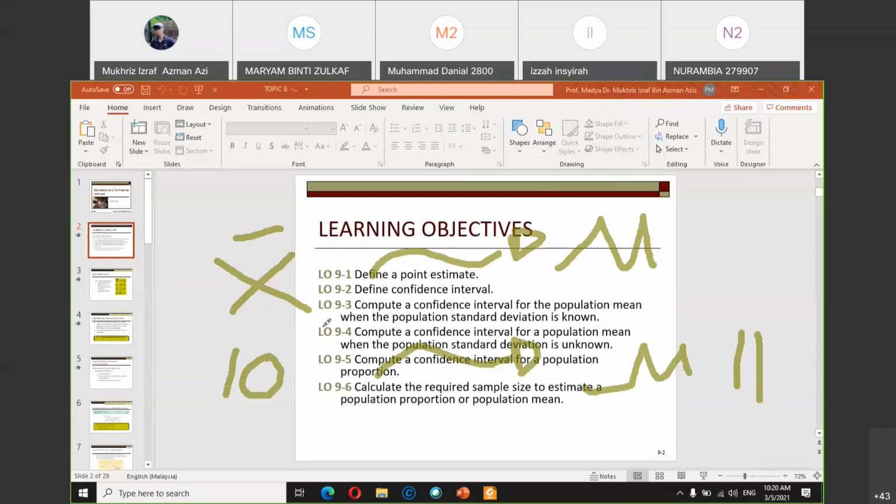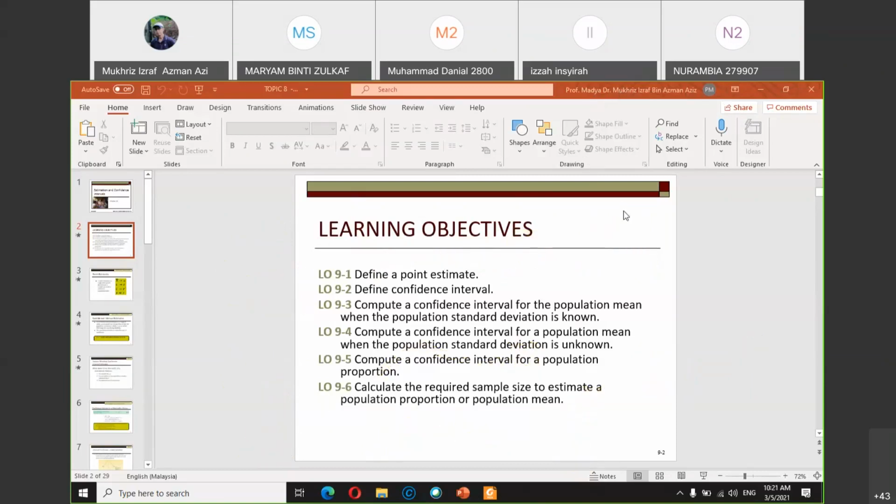Whenever you use a sample, we expect that the value from the sample, whether X bar or the sample standard deviation S, is to represent the actual value of the population. X bar is supposed to represent mu, and S is supposed to represent sigma, the population standard deviation.